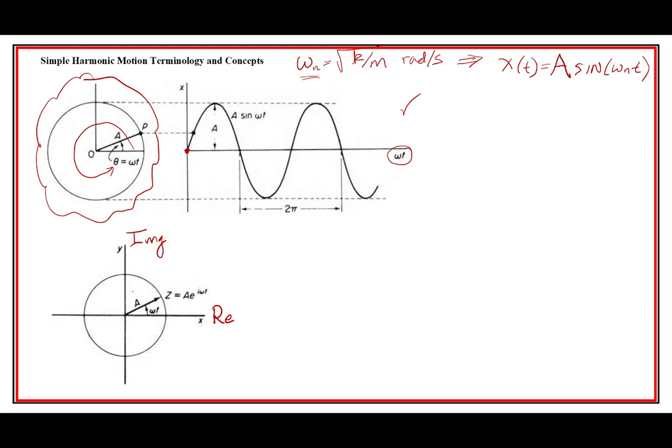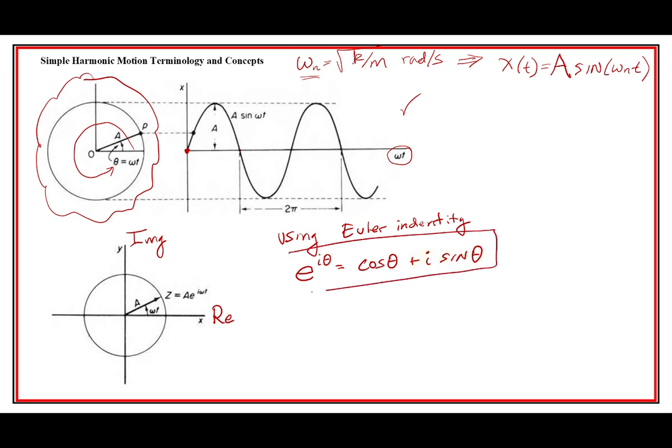And what we're able to do is use the Euler identity, which is e to the i theta is equal to cosine of theta plus i sine of theta.